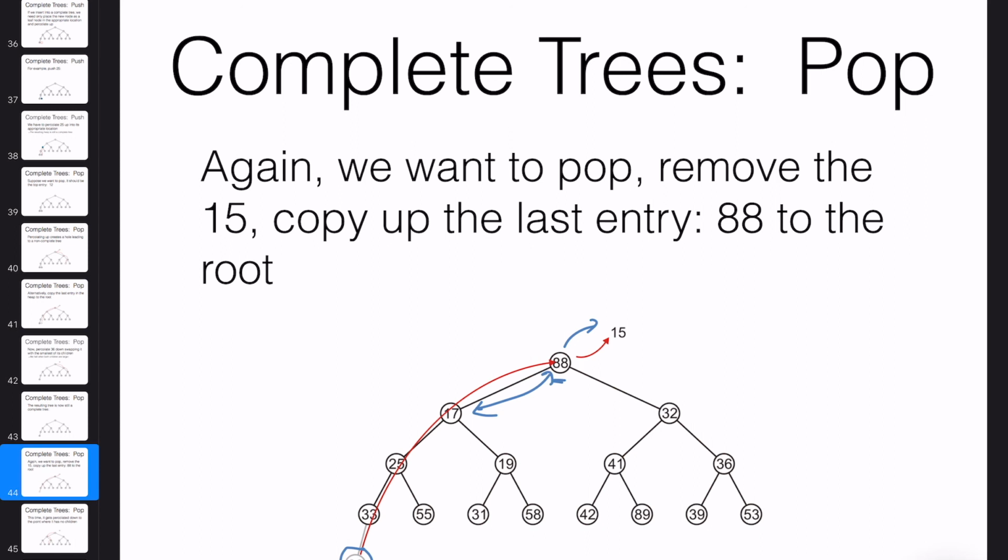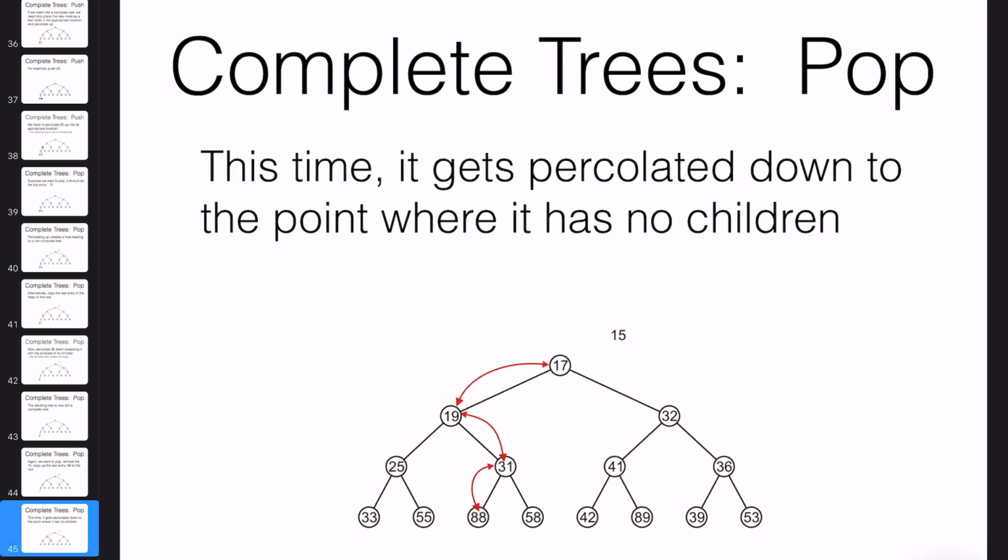You compare the left and right again, and if it is greater than the children, you swap them. So 88 will be copied there, then it will be copied here. Then you compare the left and right, so 88 will end up in this position. And the tree would look like this.